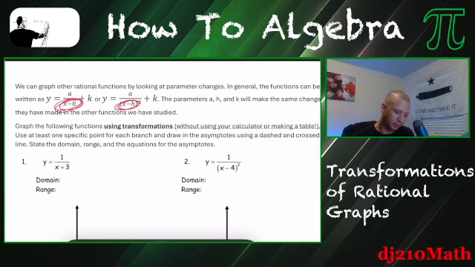So x minus 3 would go right, x plus 3 would go left. Here in example number 1, we have x plus 3. So this is the inside part. This is going to be a shift to the left, 3 units.